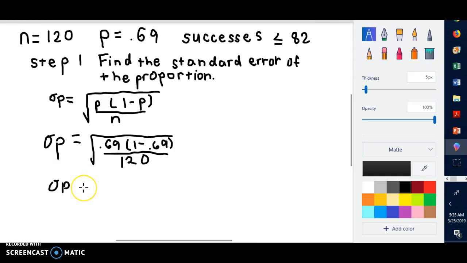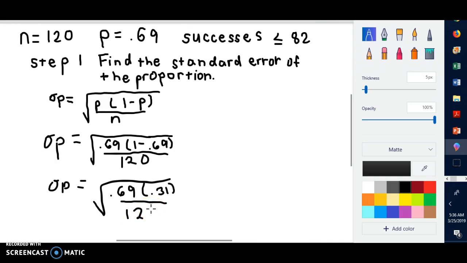That would give me 0.69 times 0.31. If you put 1 minus 0.69 in your calculator, you would get 0.31, over 120.